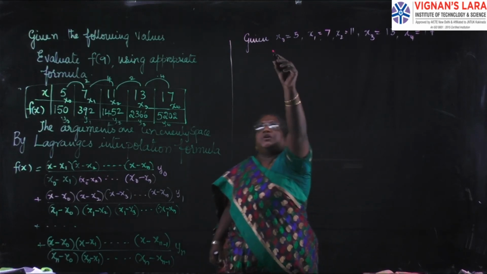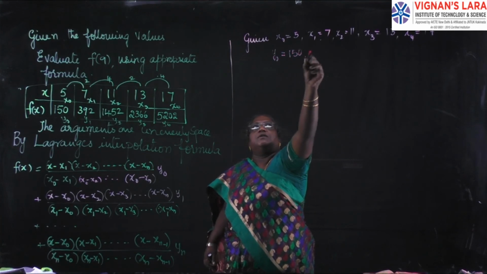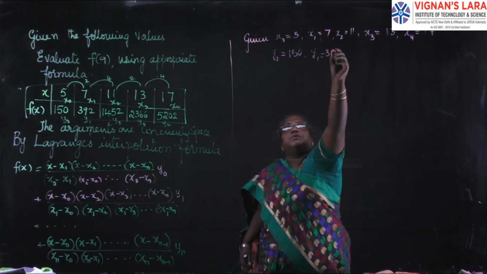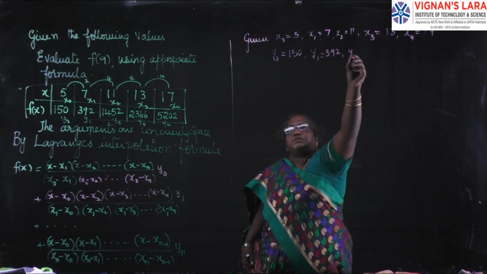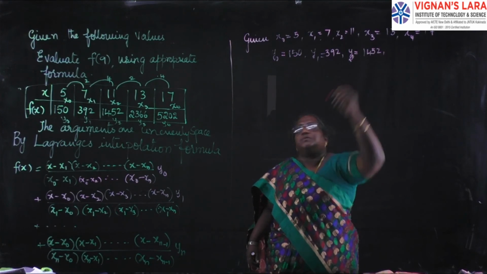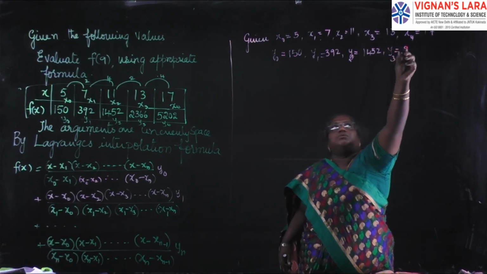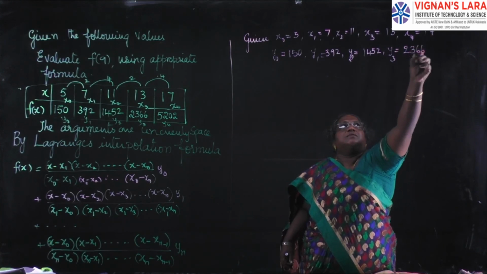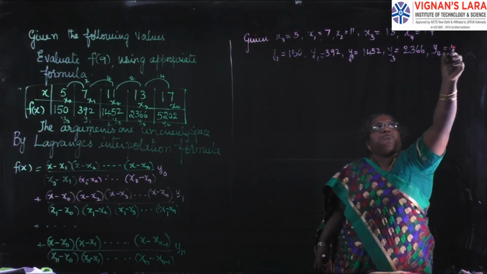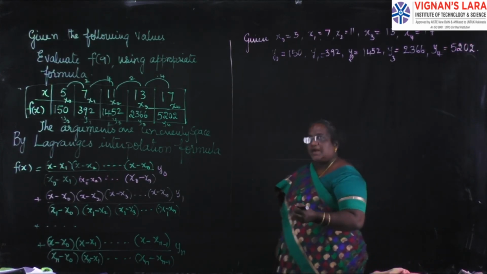Correspondingly y0 is 150, y1 is 392, y2 is 1452, y3 is 2366 and y4 is 5202. Now here x is equal to 9.